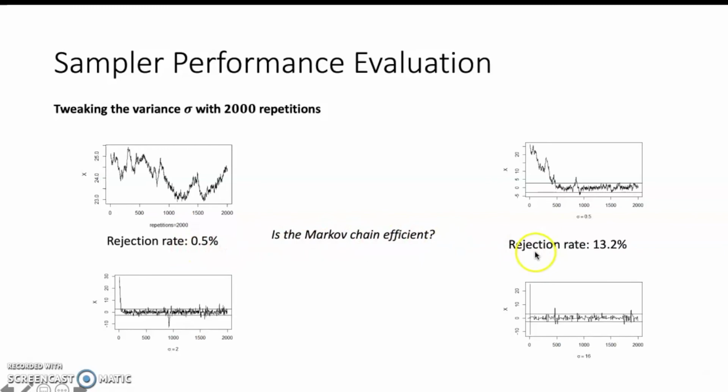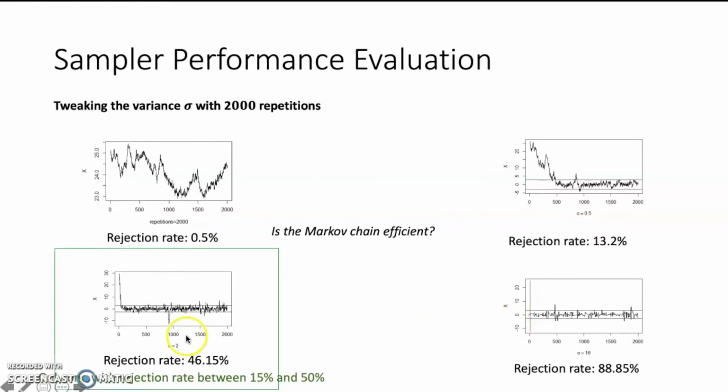The second one has a rejection rate of 13.2, the third is 46.15, and the last one is 88.85. As we can see, only the third one has a rejection rate between 15 and 50. Here sigma is 2, and the repetition is 2,000.